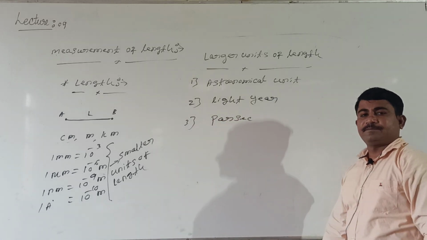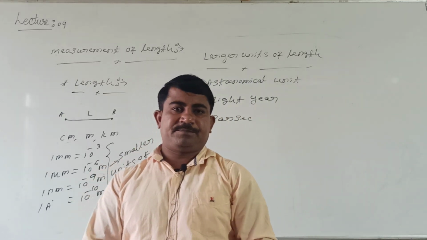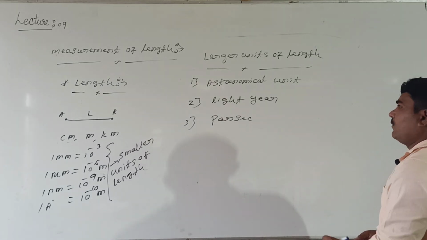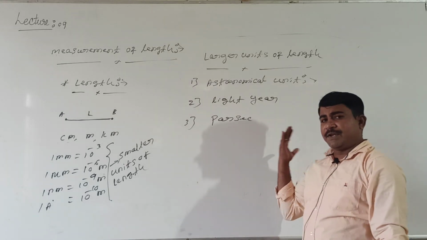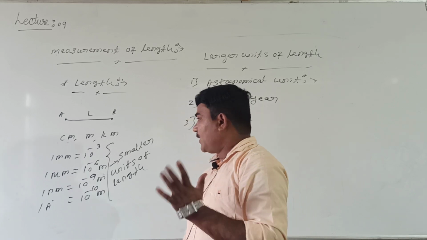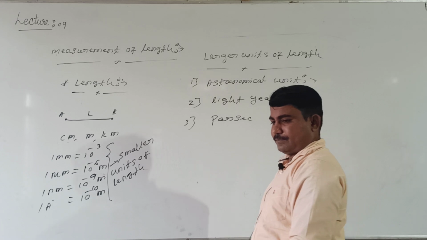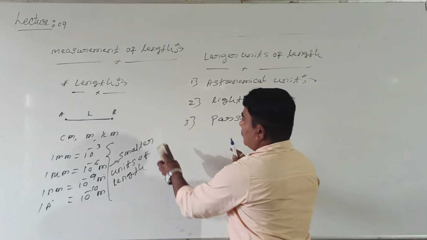These are the larger units of length. Let us see one by one. What is astronomical unit? What is light year? And what is parsec? One by one we will see, students. I will go directly to astronomical unit. Look at me, 1 second. See here.